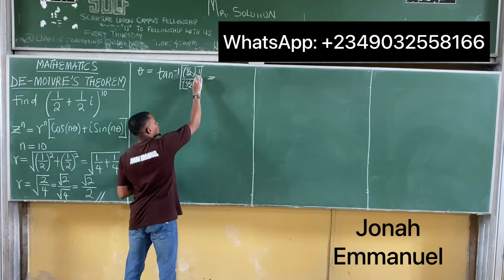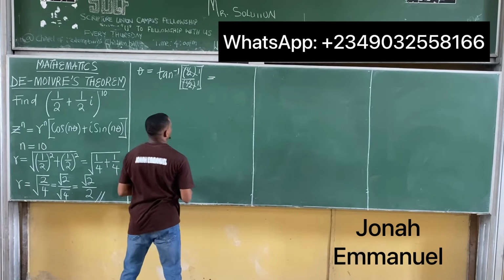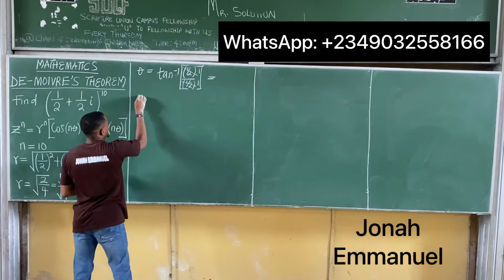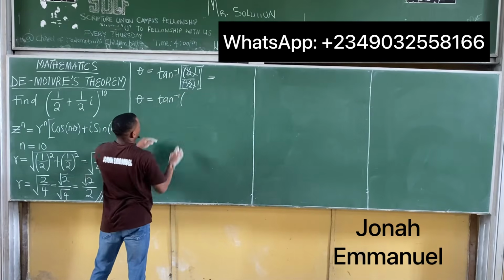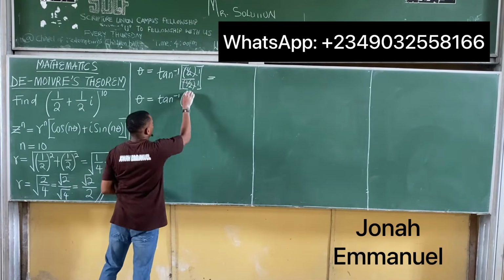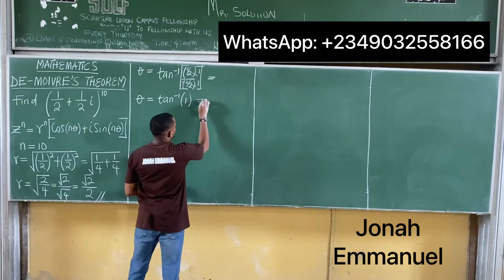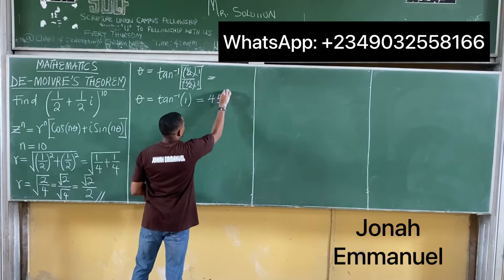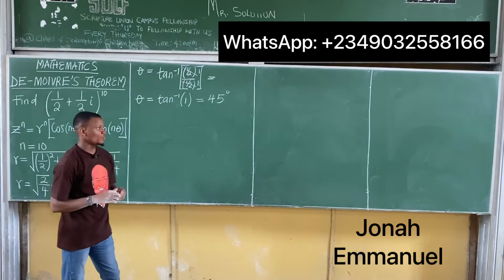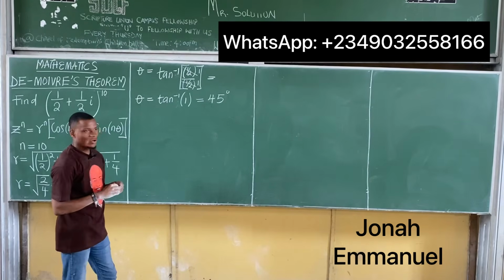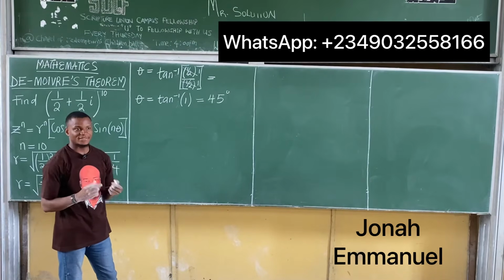So I have 1 over 1. That means theta is equal to tan inverse of 1 over 1, which gives you 1. Tan inverse of 1 is equal to 45 degrees. We've worked so much with degrees. How about we work with radians? That's pi.